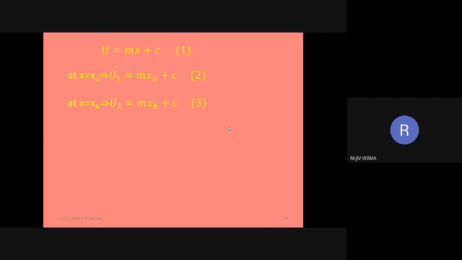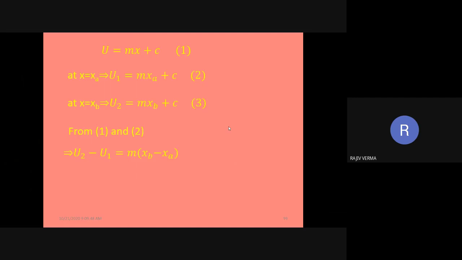Obviously, these two equations happen to be linear. They are simultaneous equations, and we can obtain the value of m and c from these two equations. Therefore, when you subtract the two equations, you get this expression: u2 minus u1 is equal to m multiplied by xb minus xa.